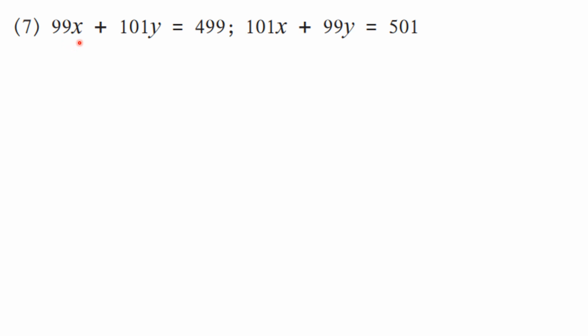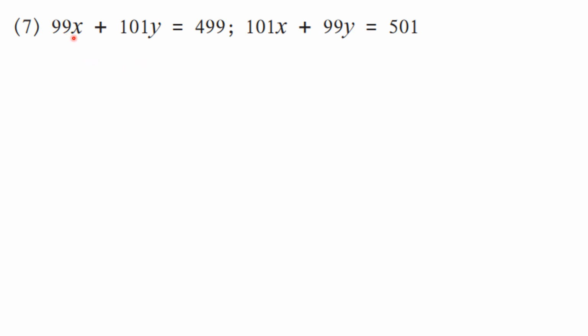See, 99x plus 101y is equal to 499. This is the first equation. And the second equation is 101x plus 99y is equal to 501. These are a particular type of equations, or special equations. Why? Because you can observe that the coefficients of x and y are interchanged.